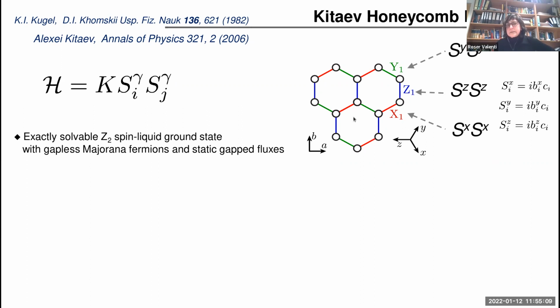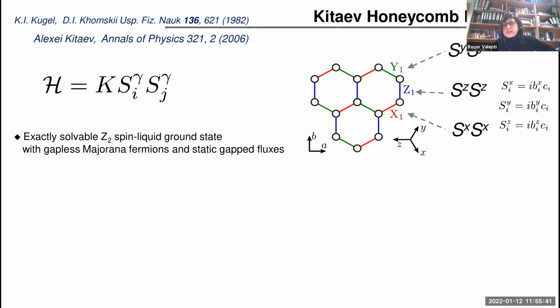And because of this bond dependence, we can see that it is strongly frustrated, because if we place ourselves at one point in the lattice, the spin at this site has to interact with the Z component with this neighbor, and with the X component with this neighbor, since the three components of the spin don't commute.